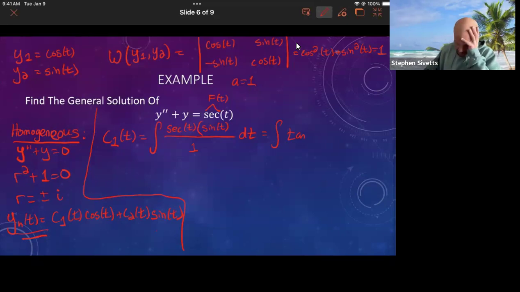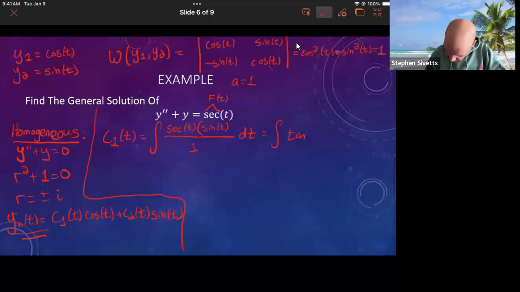Hold on a second. I'm going too fast. Sine t, and then minus sine t cosine t.